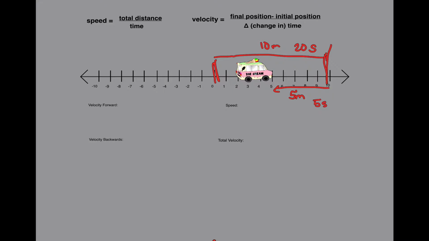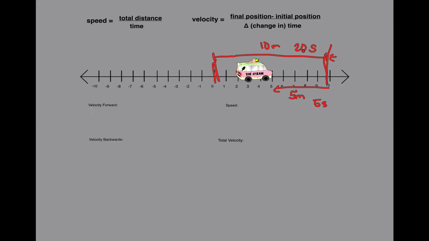So we're going to calculate a couple things here. We're going to calculate what was his velocity as he traveled forwards, what was his velocity as he traveled backwards, what was his overall speed for the entire amount of distance traveled, and what was his overall velocity for his total displacement. So starting with velocity forwards, he started here and ended here.